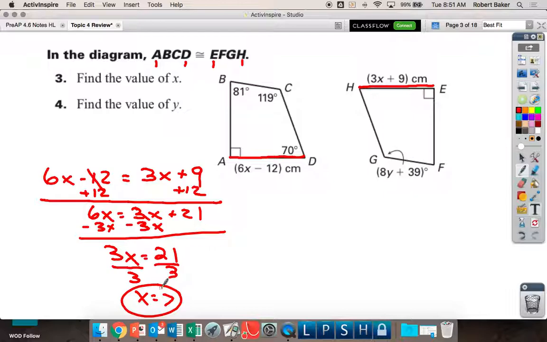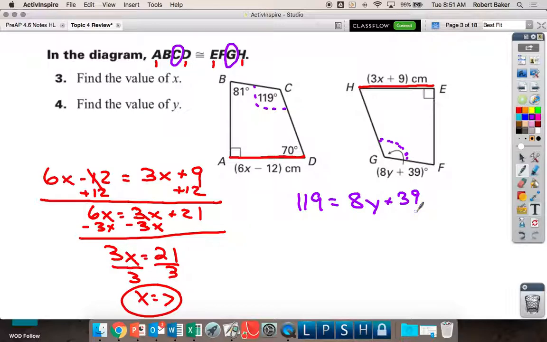Then it wants to know how big y is. Y is over here for angle G. Which other angle corresponds to angle G? Angle C, the third letter. So this angle and this angle are the same. 119 should be equal to 8y plus 39.